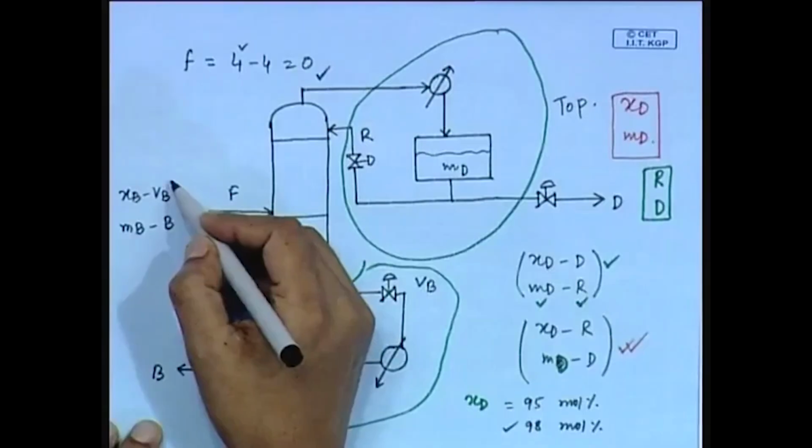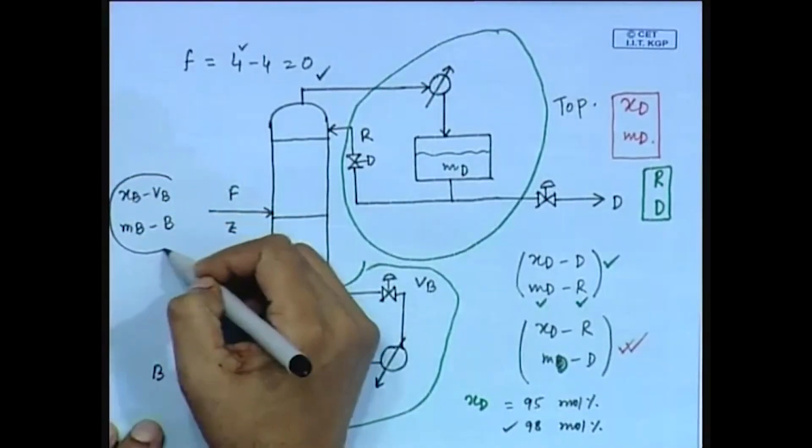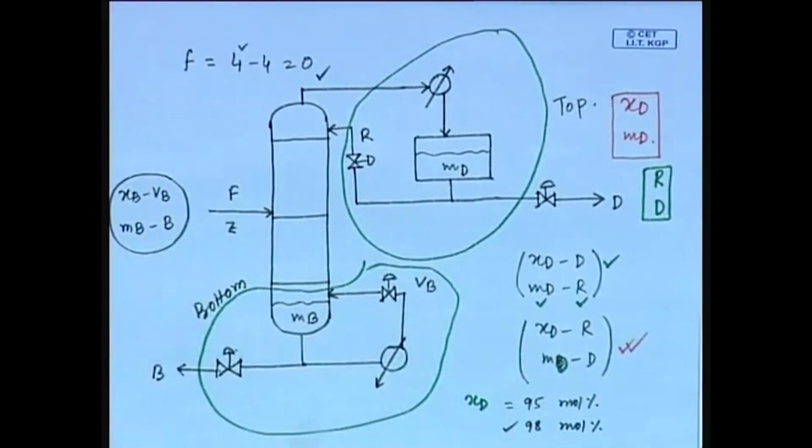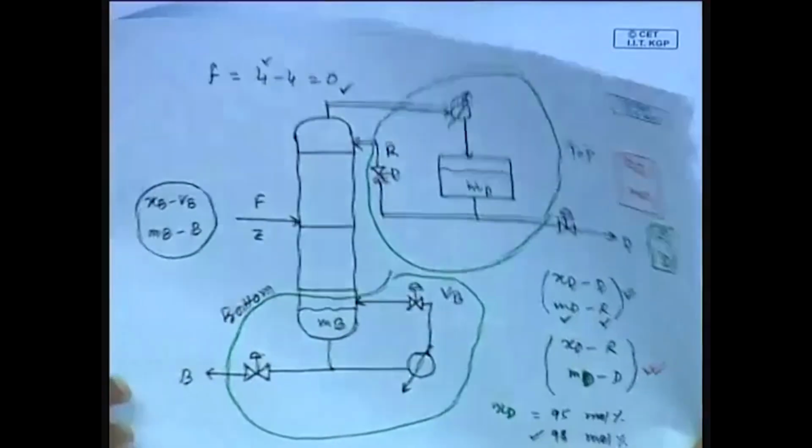So, by the similar way, as we discussed for the top section, this is the best option for the bottom section, xB versus VB and MB versus B. Fine, this is all about the mathematical modeling, degrees of freedom analysis of a distillation column.